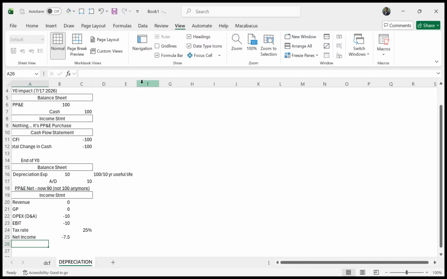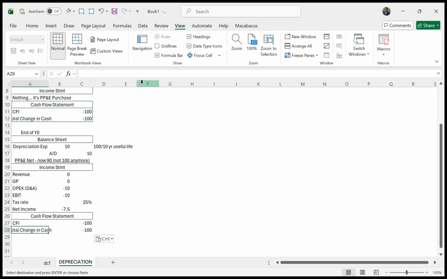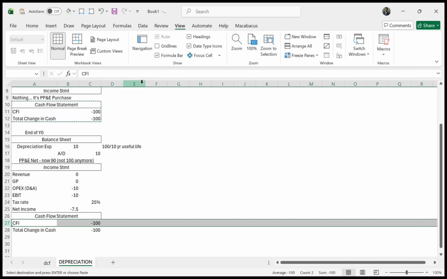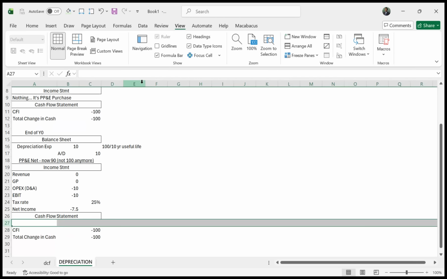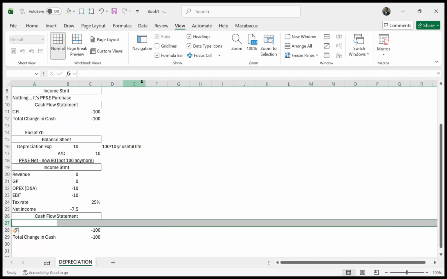Now let's look at the cash flow statement. What's happening on the cash flow statement for this depreciation impact? Take a look at CFO, cash flow from operating activities. This is the beautiful part, this is why we do all these add backs for unlevered free cash flow and all that kind of stuff.